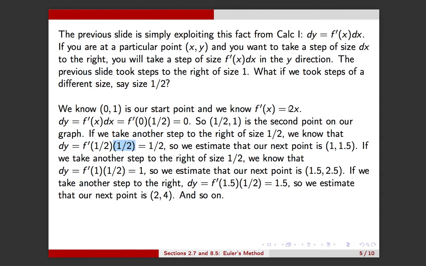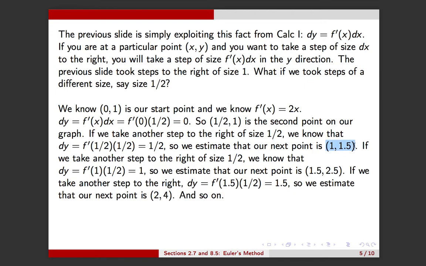So you plug a half in here and you get 1. So you get 1 times a half is a half. You're moving from 0.5 to 1 on the x-axis, and you're going to go up in the y direction by 0.5. This is the change in y. So going from y equals 1 to now y equals 1.5. Okay, so now you're at this point.